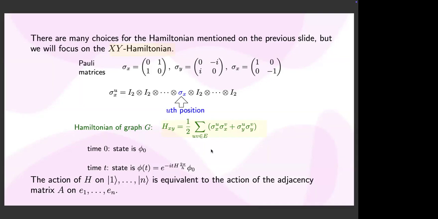Yeah. So it swaps a qubit state from u with a qubit state from v if u and v are connected by an edge and you act with the Hamiltonian directly on this. So this corresponds exactly with the neighborhood operator of a graph, which is just the adjacency matrix. Okay, so there are n qubits, so the dimension is 2^n.